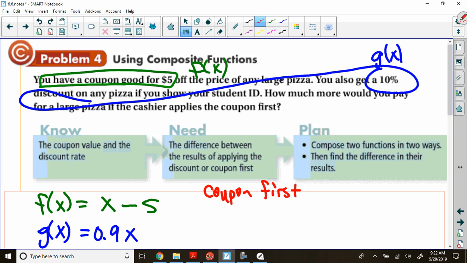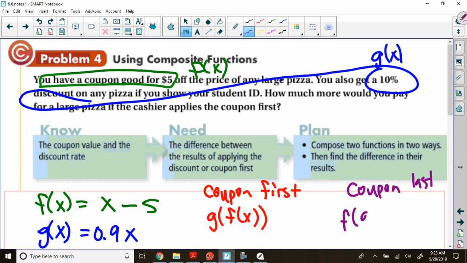We work our way from the inside out. The thing on the inside is what we do first. Doing the coupon first means the coupon would have to be on the inside. So g of f of x would mean the coupon is applied first. Does that make sense? I hope. To juxtapose that, if we do the coupon last, that would be f of g of x.